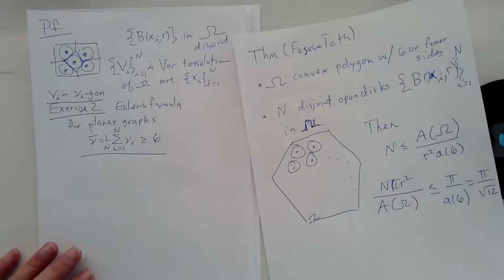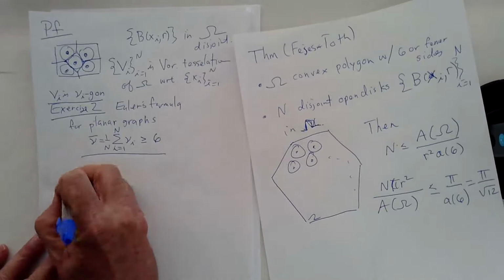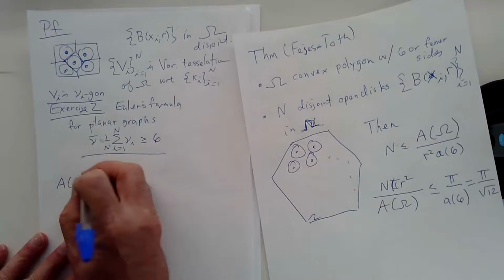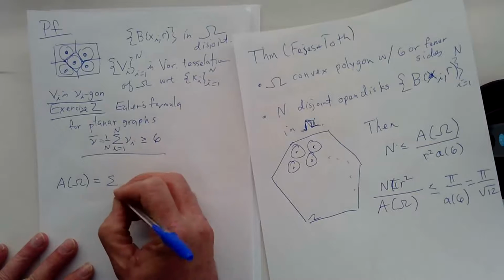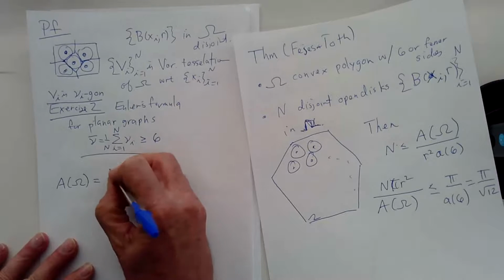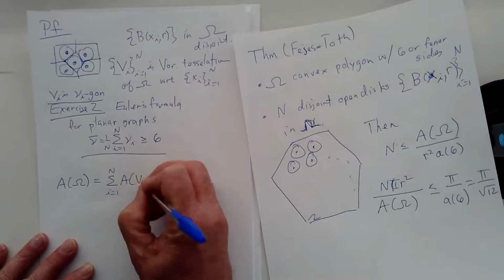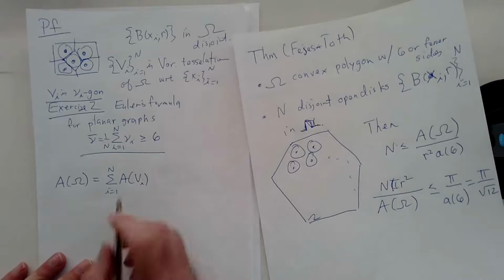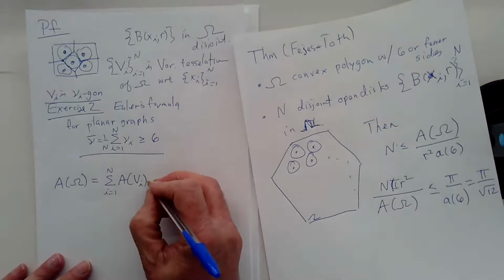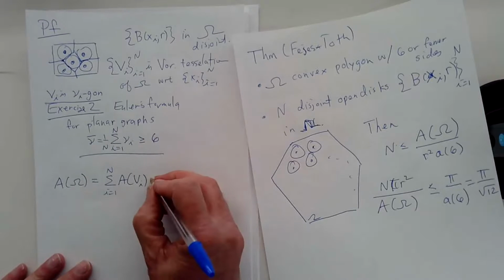Here we go, here's the proof. A of omega is going to be the sum of the areas of the Voronoi cells of the tessellation. Now, V_i is a nu_i-gon.